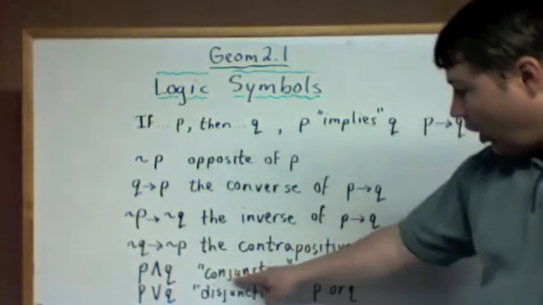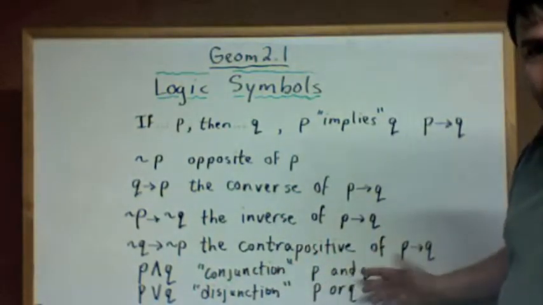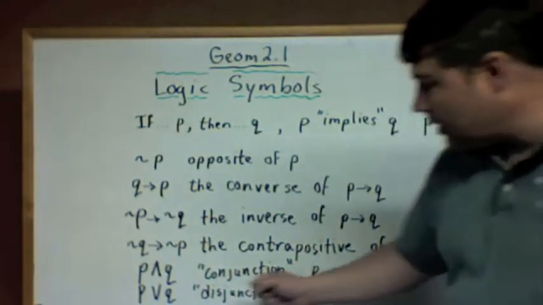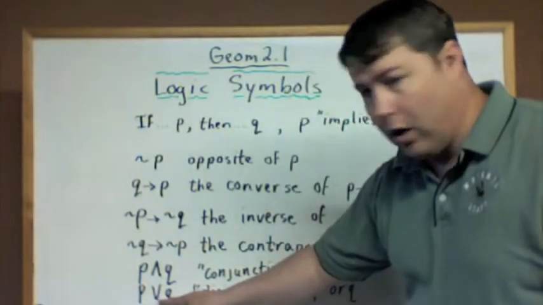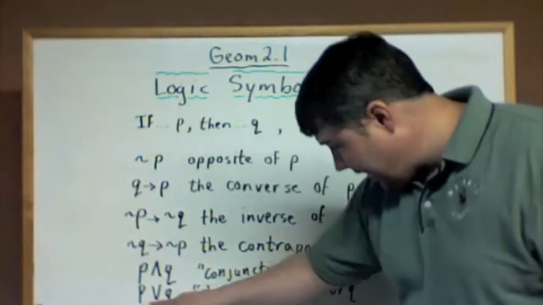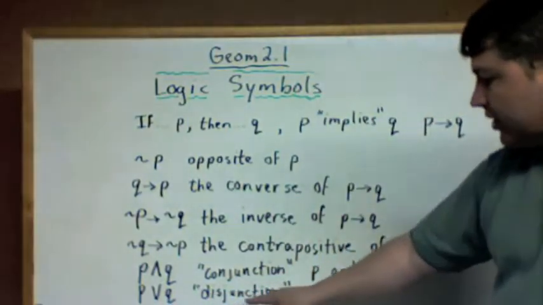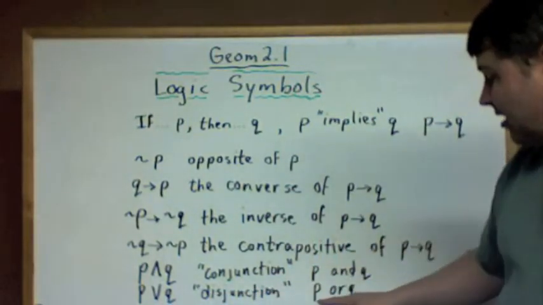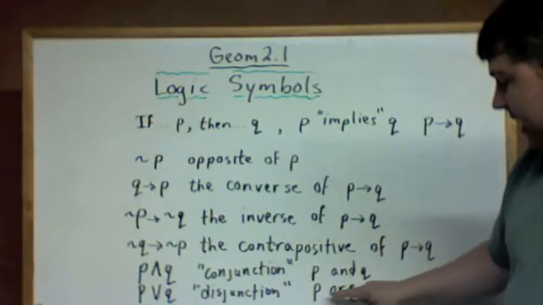And it's called a conjunction, and it just means P and Q. That's what you would say. This is P or Q. That's a right side up V. P or Q. That's what you'd write on paper. That's the symbol. It's called a disjunction. And you would just say it as P or Q.